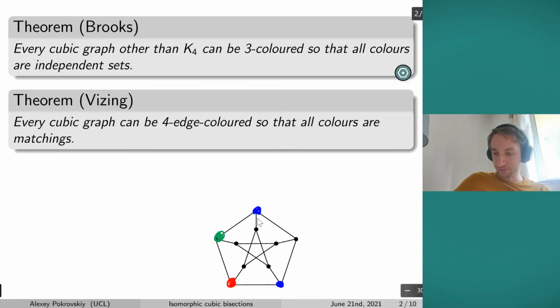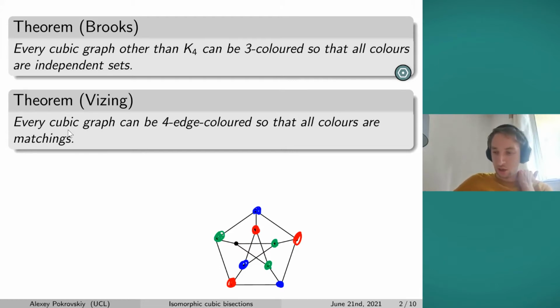Okay, so that's what Brooks' theorem tells us. You can get 3 colors which are independent sets, and Vizing's theorem says something similar about edge coloring.